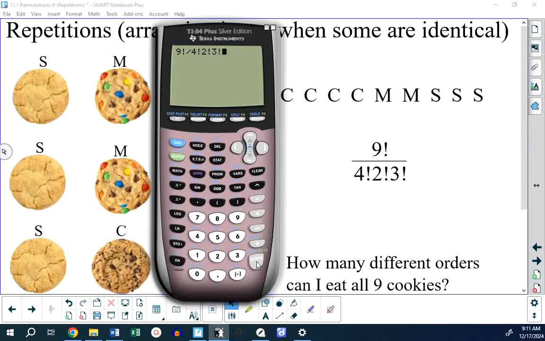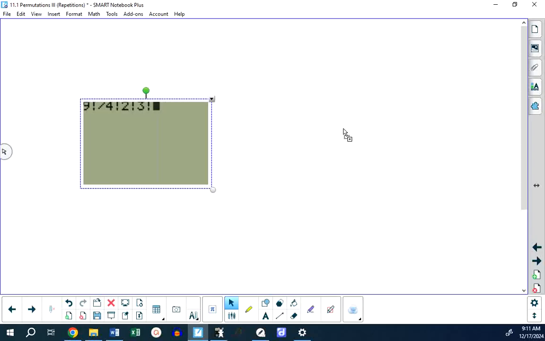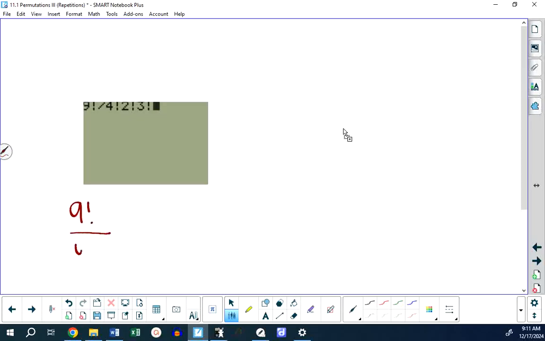Because there's a multiplication sign in between the 4 factorial and the 2 factorial and the 3 factorial. Whether you put it or not, your calculator will multiply. So this will be 9 factorial over 4 factorial, and then it's going to multiply by 2 factorial, 3 factorial, right? You don't want to enter it that way.